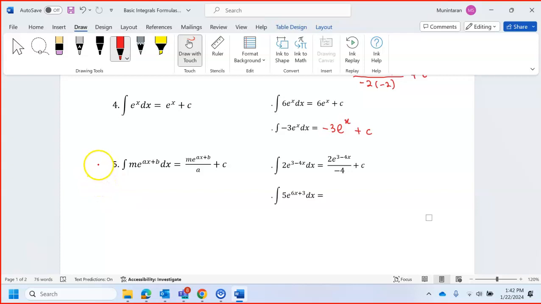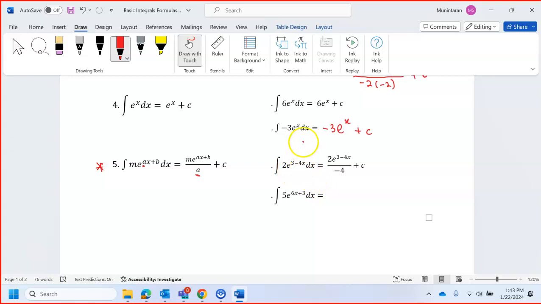Number 5 is what you need to remember, because number 5 and 4, they are the same. The m is 1, a is 1, b is 0. Formula: m actually has no impact on integration, it is the coefficient of the function. Copy the whole thing. E power must be only linear, divided by a. What is your a? It is the coefficient of your x.